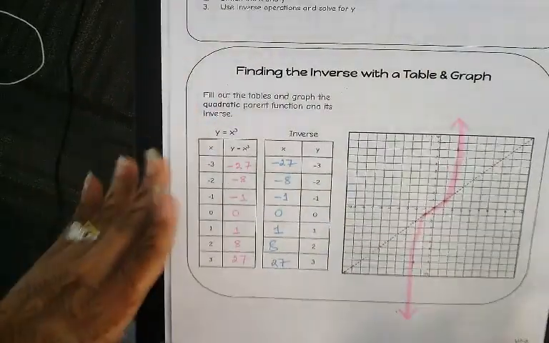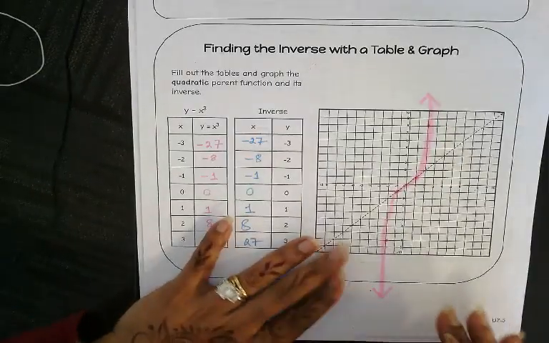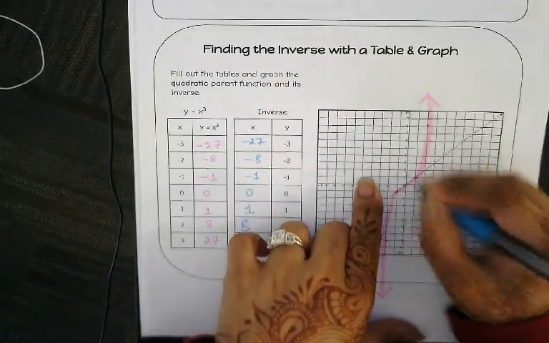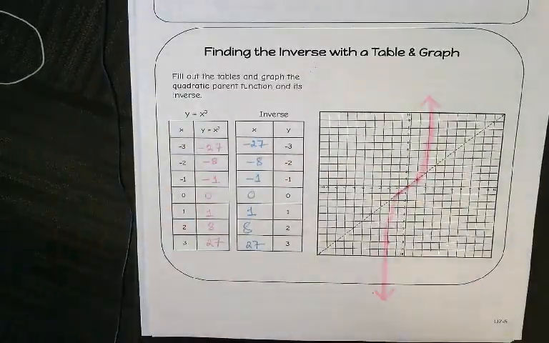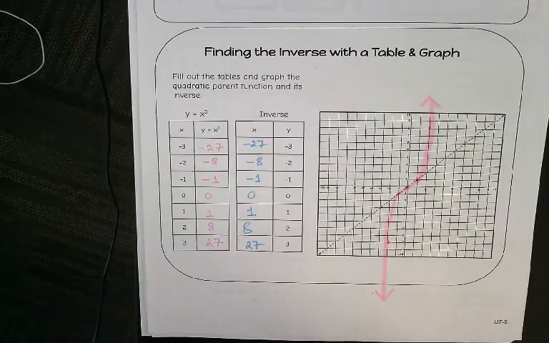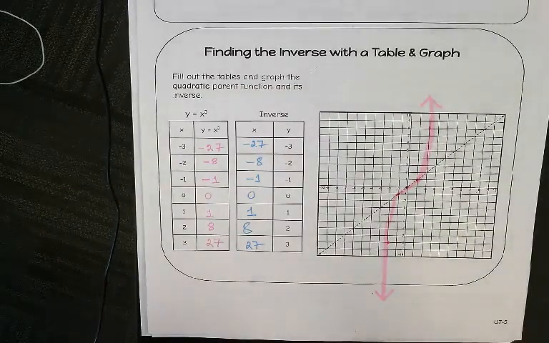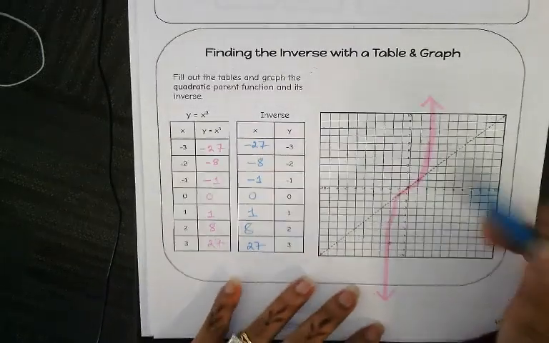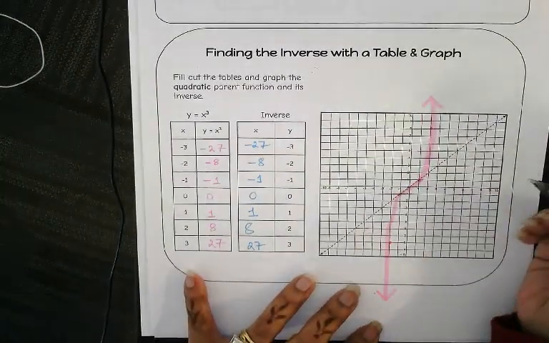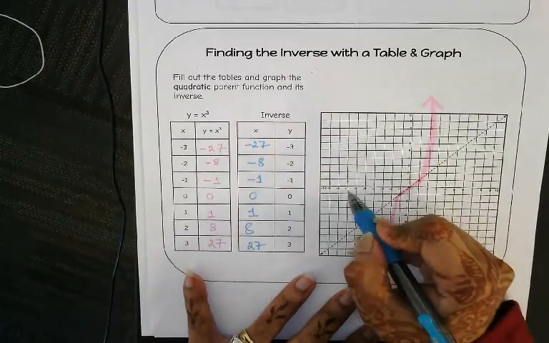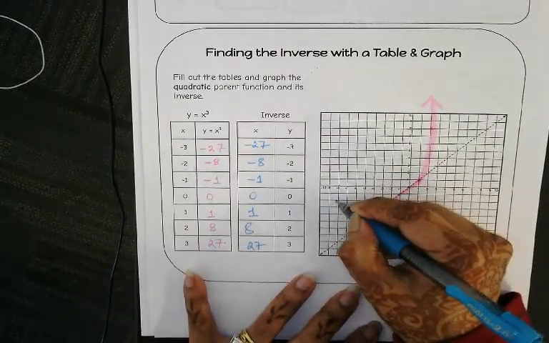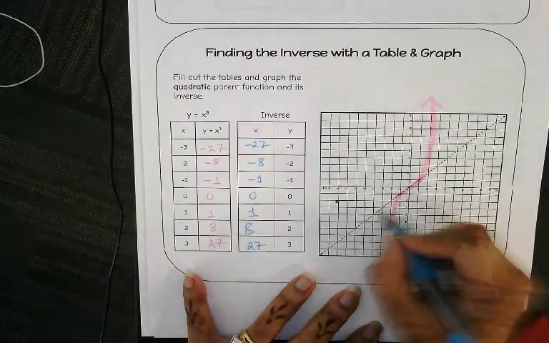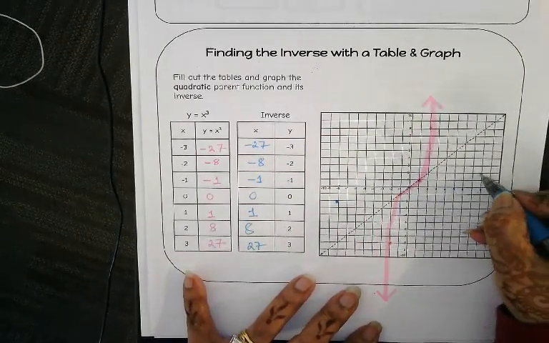Let's draw the graph again. Let's plug it in. Do it by yourself and then check it with mine. So again, 0, 0, 1, 1, negative 1, negative 1. If you look at this one, the first three values actually don't change. It's the same values for the original and for the inverse. Then it changes the values. So I have negative 8, negative 2, and positive 8 and positive 2.